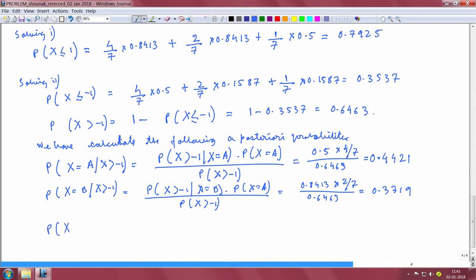And finally, x equal to c given x greater than minus 1 equals the probability that x greater than minus 1 given x equal to c. There is a small mistake here, this should be b.